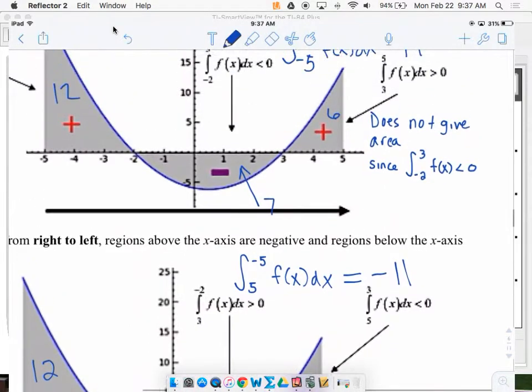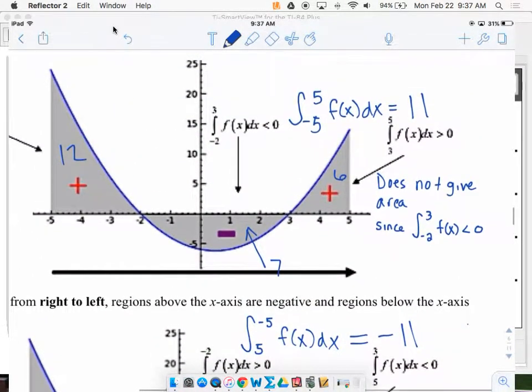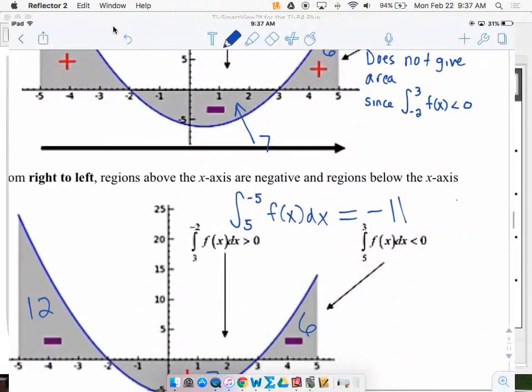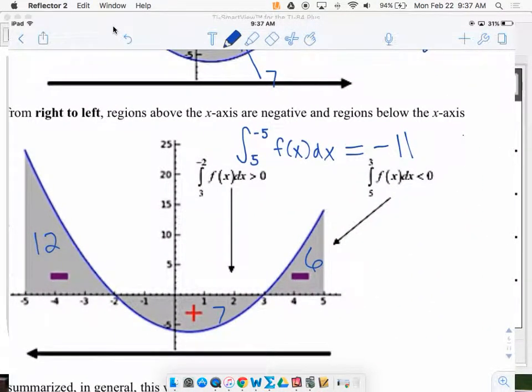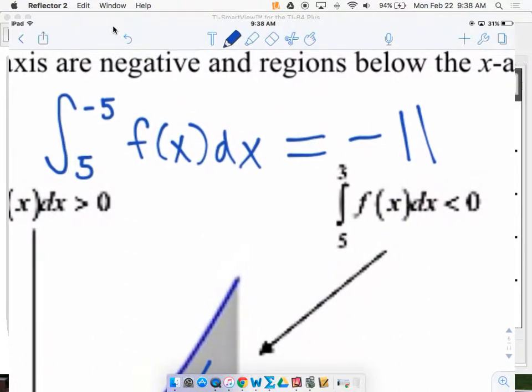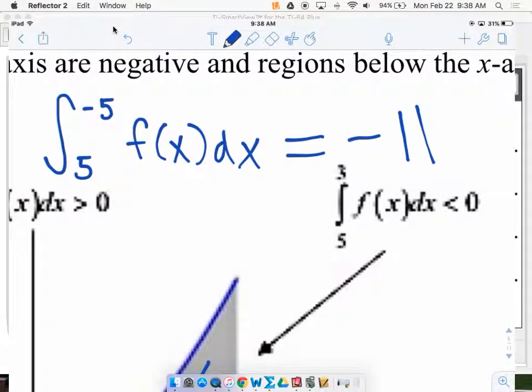All right, so I get the same answer, except one's positive and the other one is negative. So I want to see how I can make that one like the one before it.